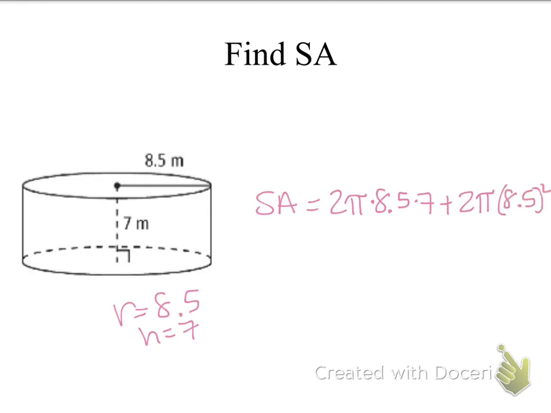So you can type it all in at once if you're just going straight to surface area. Okay, and for this we are getting 263.5 pi meters squared.